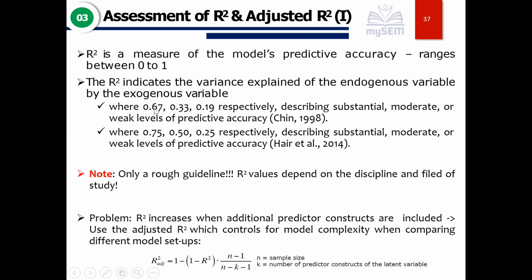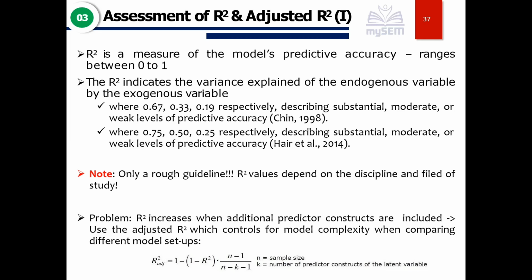In 1998 it was 0.67, 0.33 or 0.19. This is one source, and I think you understood. Again, do you think that if my R square value is 0.75 my research is very good? You should not claim like that. The R square value depends on the context of the research.